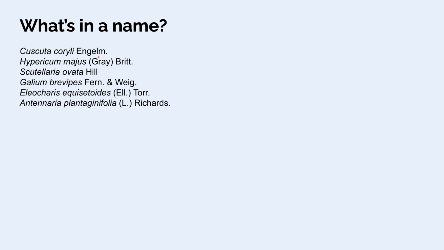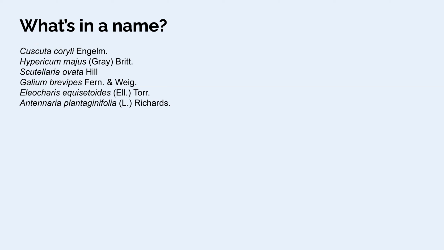So Engelm. is an abbreviation for Engelmann, and so on. Some of these are entire names if they are particularly famous or rather short names. So Gray, there's more than one Gray, but the one that's abbreviated just as Gray is a specific person, and so on. So a lot of really adhering to the rules for keeping one name being specific.